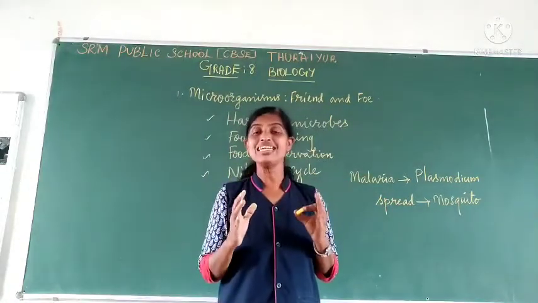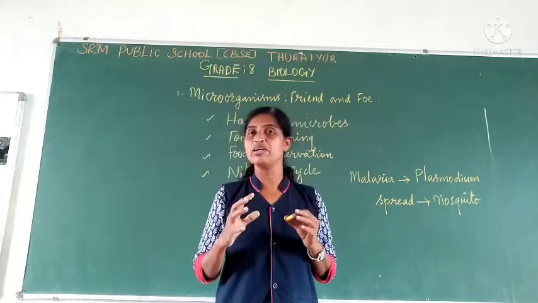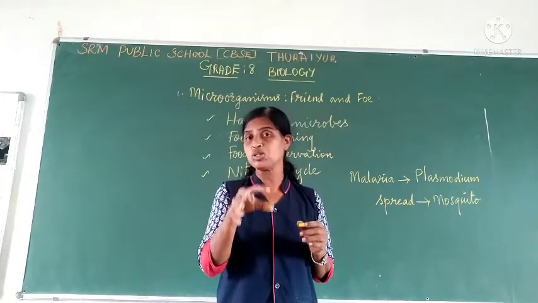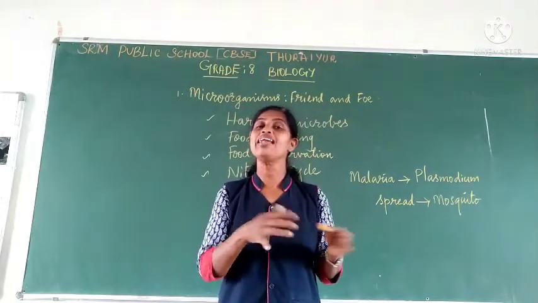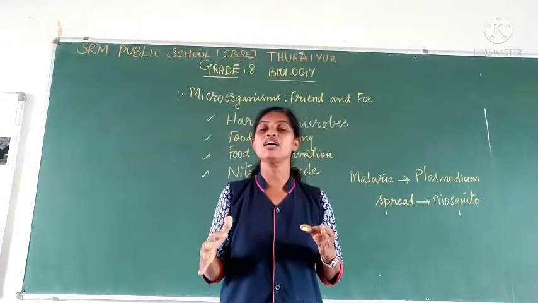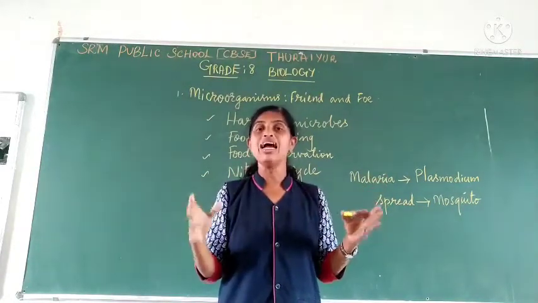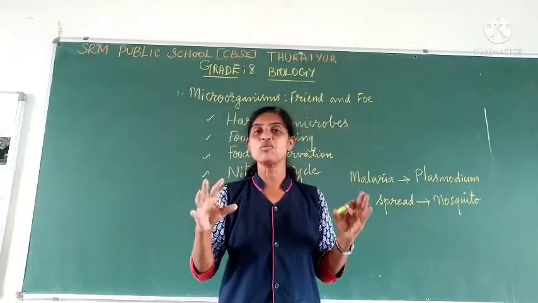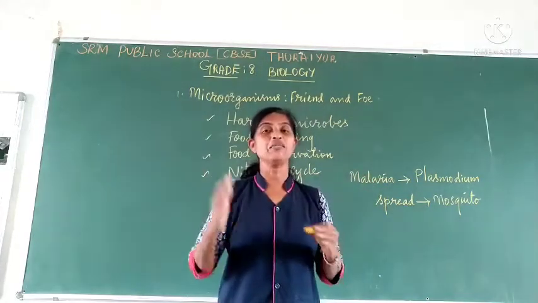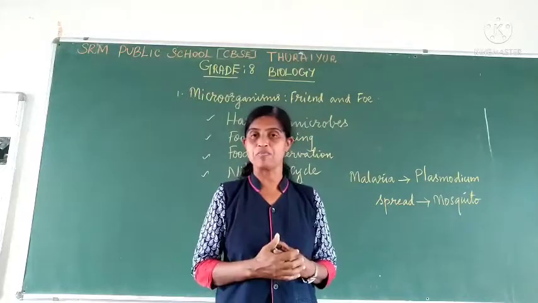So water is needed for the mosquito to breed or the young ones to survive. If we do not allow this water to stagnate, what happens? The breeding ground will be broken, and thereby mosquito breeding can be stopped, and thereby mosquitoes also can be stopped.